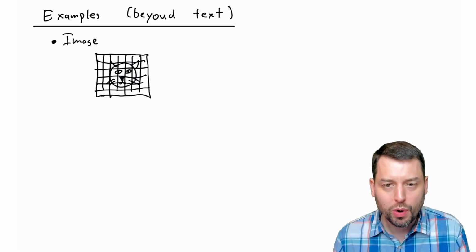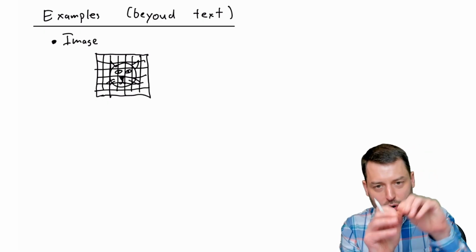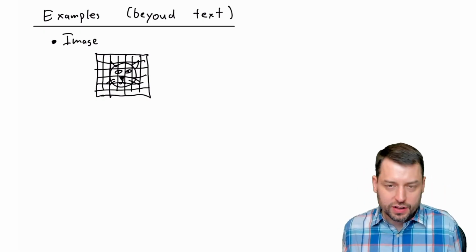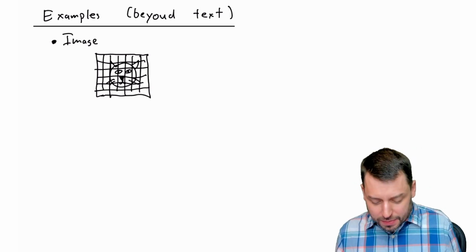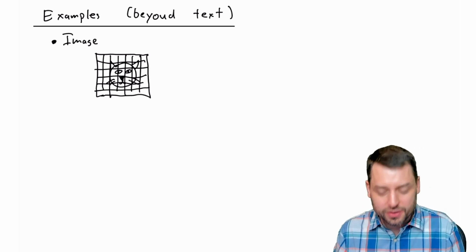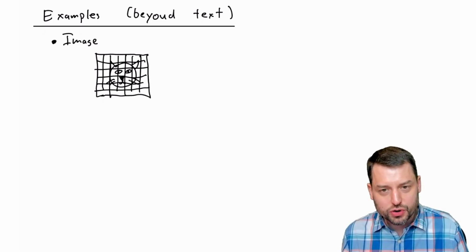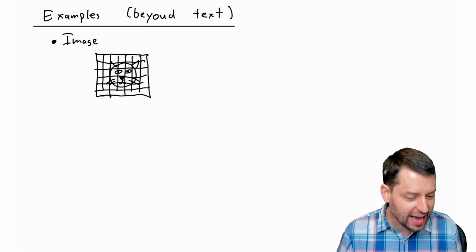Before, we represented an image by taking every single pixel value and just stacking it together in a great big vector. Now, you might think that the obvious way of representing this as a matrix was as a 2D grid. And you could do that. That actually is a reasonable thing to do. But what's more common as a way of representing this as a structured input is to convert the image into patches.